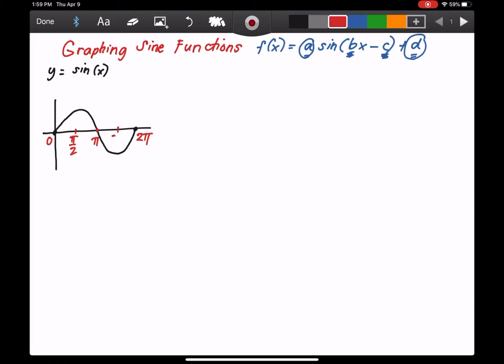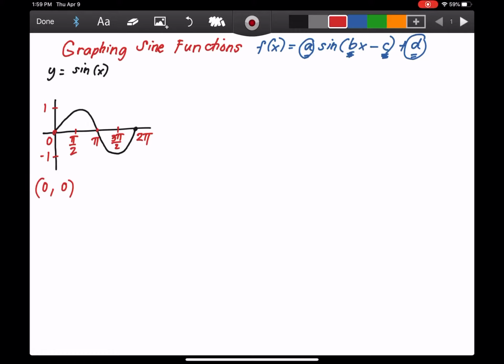3 pi over 2. And we know that this graph has its maximum point at y equals 1 and the minimum point at y equals negative 1. So let me just try to write all the points on this graph. This first point is 0, 0.